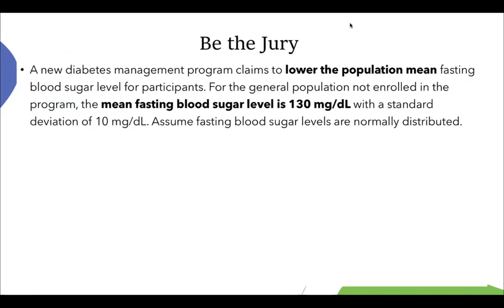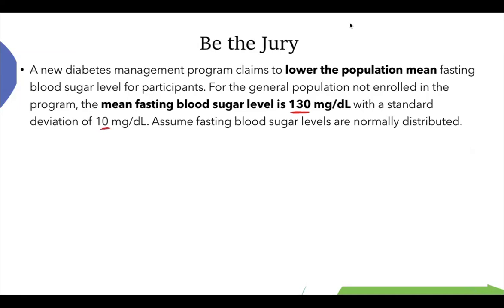Let's look at an example and try to make a decision as if we were a jury. A new diabetes management program claims to lower the population mean fasting blood sugar level for participants. For the general population not enrolled in the program, the mean fasting blood sugar level is 130, with a standard deviation of 10.